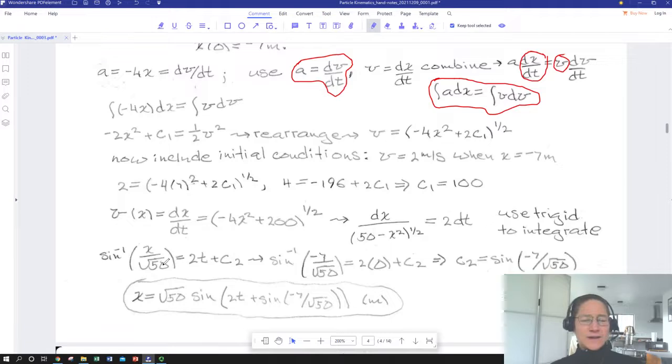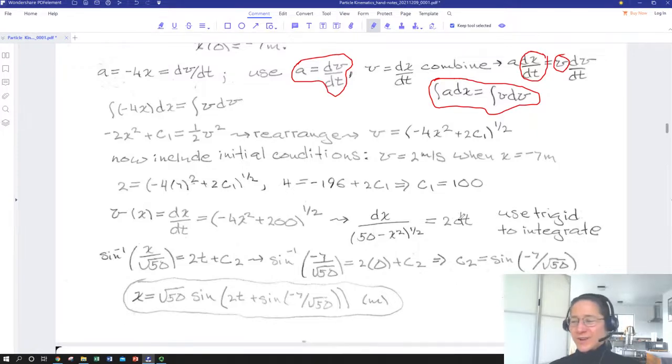I definitely won't ask you to derive this unless you want to. You're always welcome to, but this can either be looked up, or if you are doing numerical integration, you could use the trapezoidal rule or Simpson's rule or one of the many numerical integration rules to solve this.